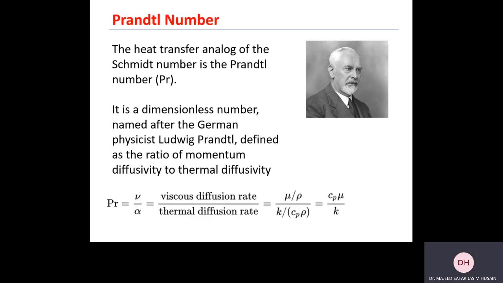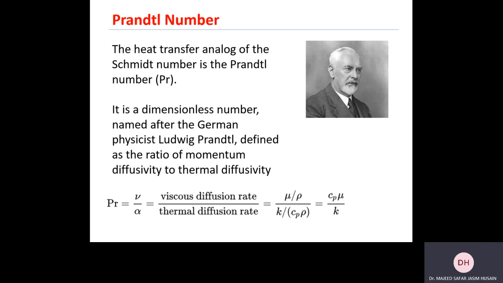The other number was the Prandtl number. I did it in red. That means it's related to heat transfer. So it is the analogy for the Schmidt number, and it is a dimensionless number. It was also devised by a German. His name is Prandtl, and it is defined as the ratio of momentum diffusivity to thermal diffusivity.